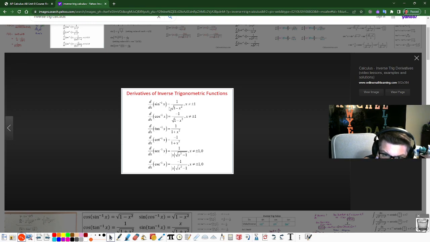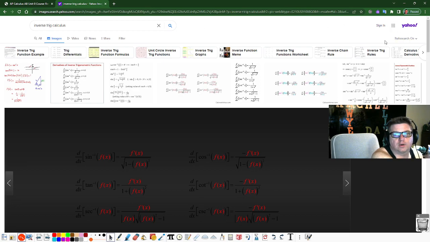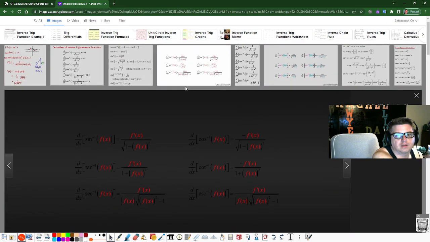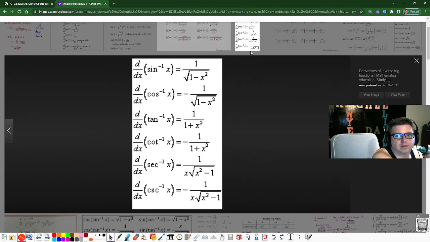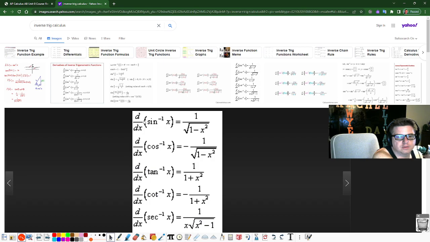So 1 minus x squared, oh, square rooted. So sine inverse of x equals 1 over that.